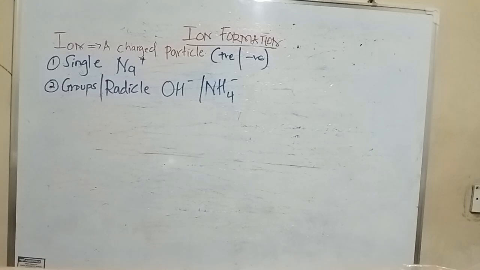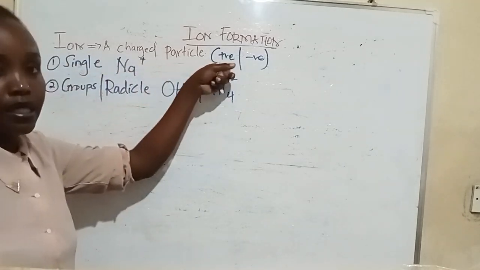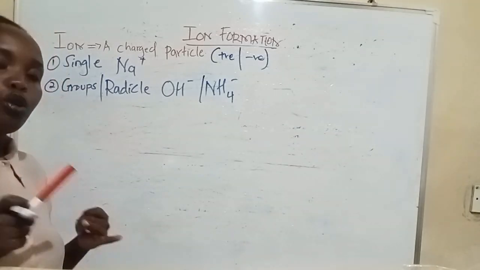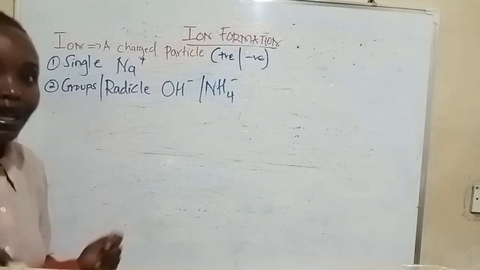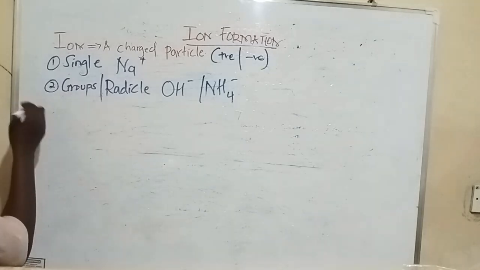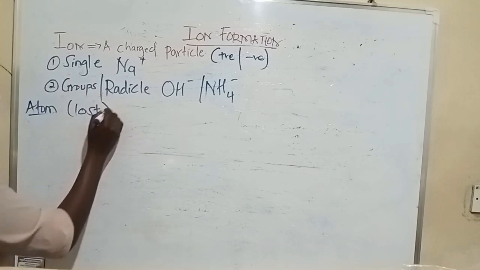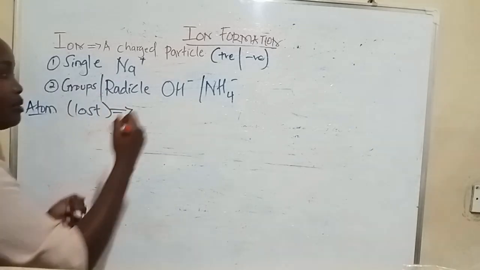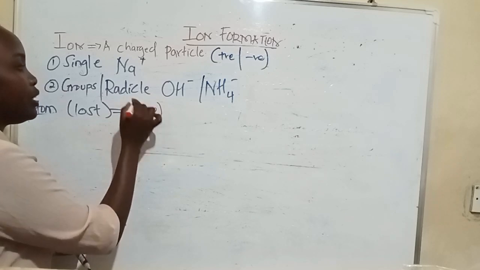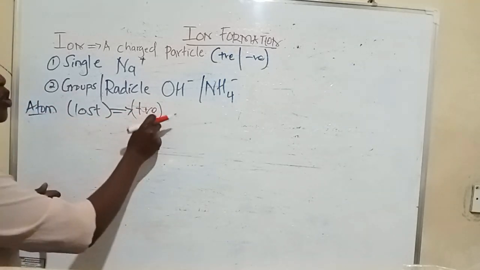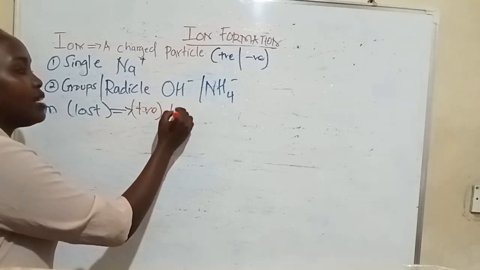Now, another thing that you need to know is how you form an ion from an atom. An ion is formed from an atom by either gaining electrons or losing electrons. If an atom loses electrons, the atom gains a positive charge, or it becomes a positively charged ion.